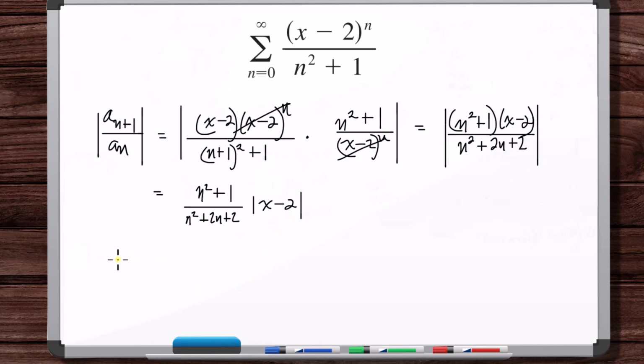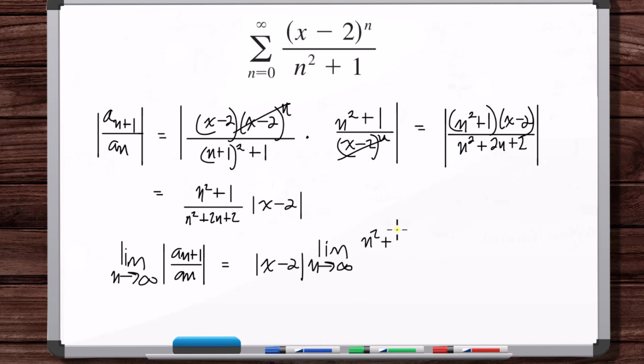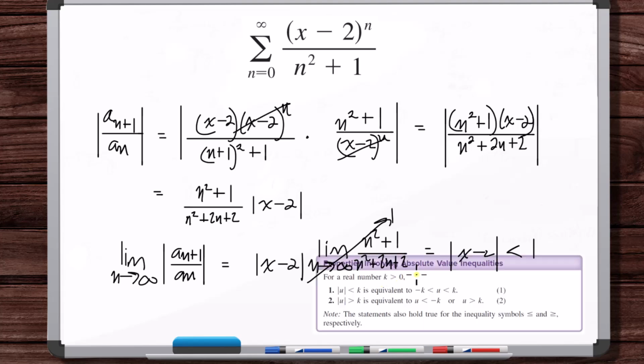Now what is the limit as n goes to infinity? Well, we can take this out, and this goes to 1. Now we need this to be less than 1 in order for convergence. For an absolute value inequality, an expression less than a constant is equivalent to putting that expression between the constants.